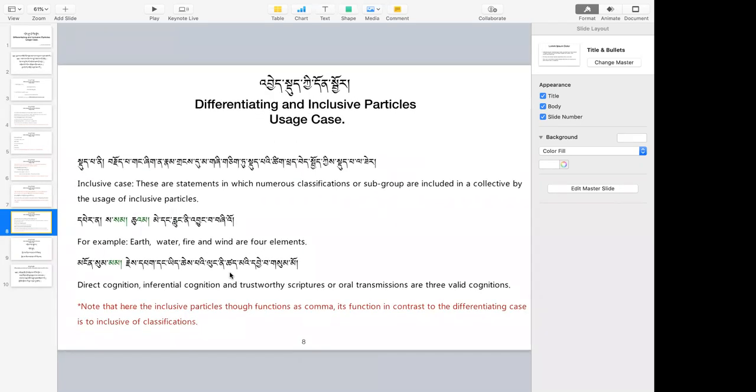So the direct cognition, inferential cognition, and the trustworthy scripture or oral transmission of one's guru are the three classifications or subgroups, and then all of these are finally included in the valid cognition, a collective that is valid cognition.